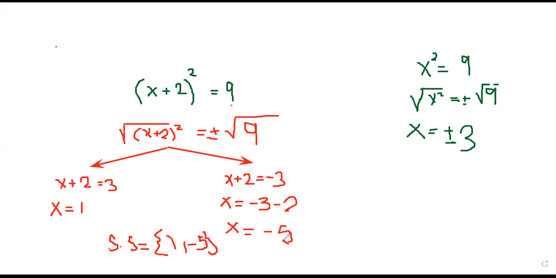If you replace the value of x by -5, then it will be -5 plus 2 all to the power of 2. -5 plus 2 equal -3. -3 all to the power of 2 equal 9, right? Then the solution for this equation is 1 and -5.